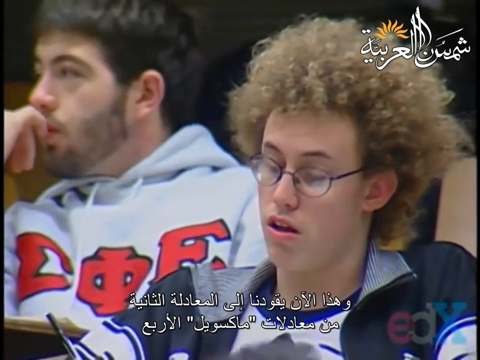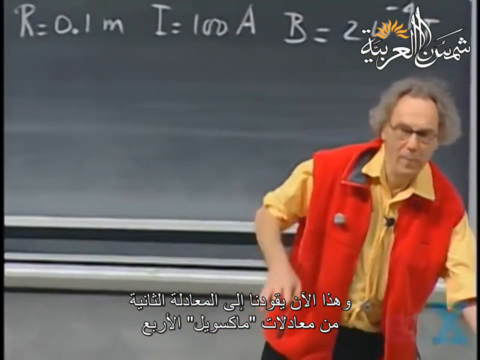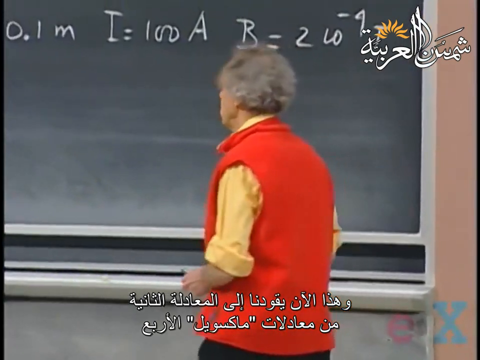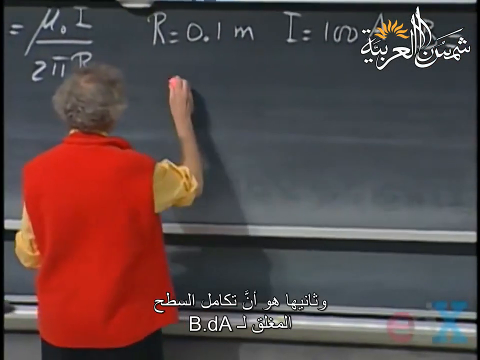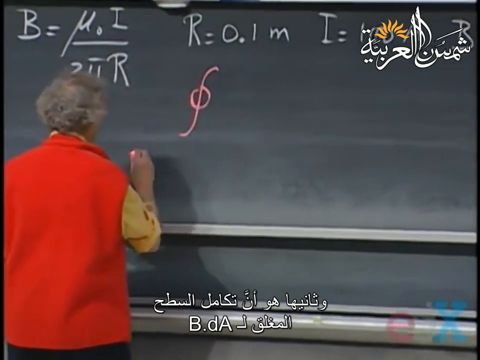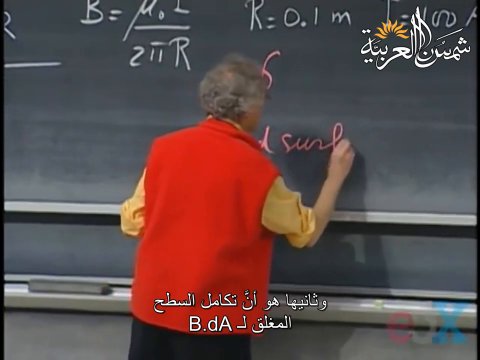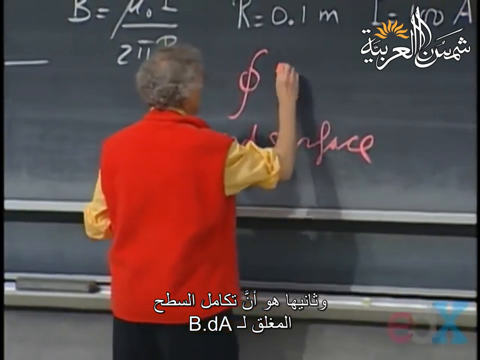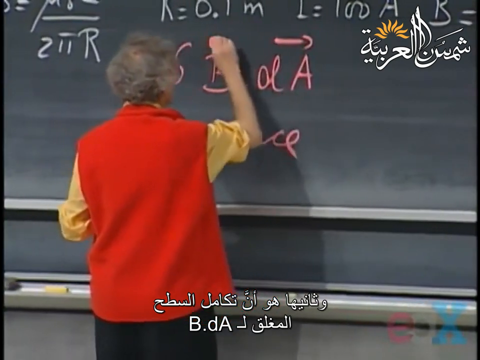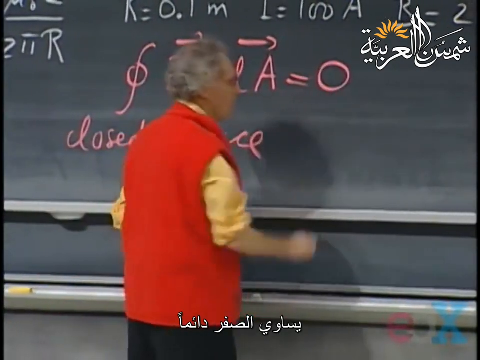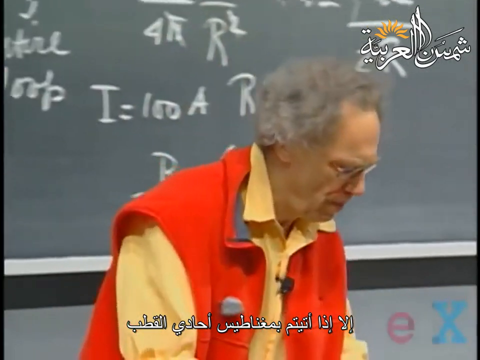And this now brings us to the second of four Maxwell's equations. The first one being Gauss' law. The second one is that the closed surface integral of B dot dA is always zero, unless you come with a magnetic monopole.